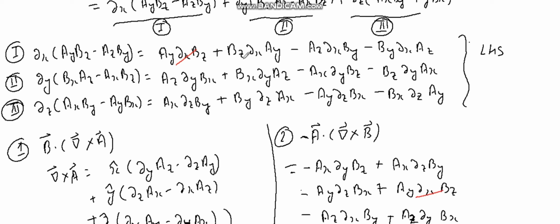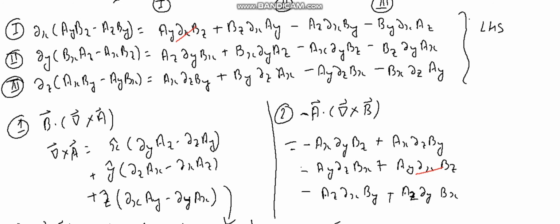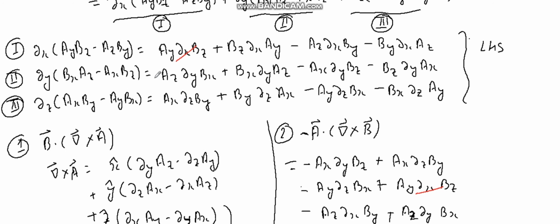Again we have this bz del x ay. Okay, let's first deal with this ay as a coefficient, I mean the a term at the initial. So where are those terms? This is the first, second, third. Okay, and then we have here, right? So az del y bx, az del y bx, yes, ax del z by, ax del z by.